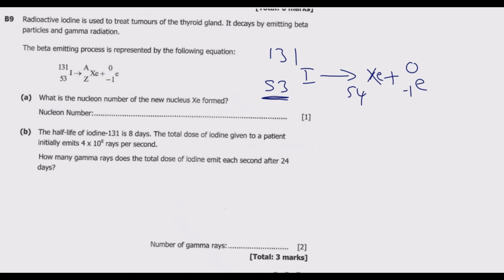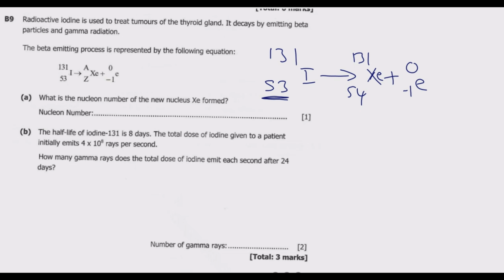But what will happen to the nucleon number is the nucleon number will remain the same, because once this electron has been emitted, 1 neutron will change to a proton. So hence the nucleon number remains unchanged. Once it emits an electron, we need another proton so that the charge is balanced.